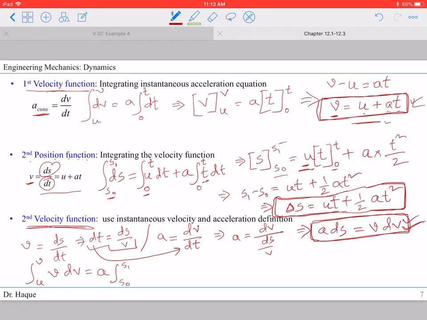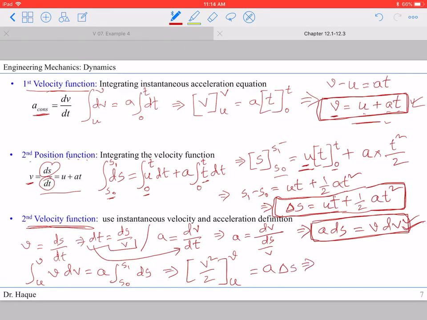Final, initial ds. That gives us v squared over 2, with final velocity v and initial velocity u, equals acceleration and delta s, the change in s.